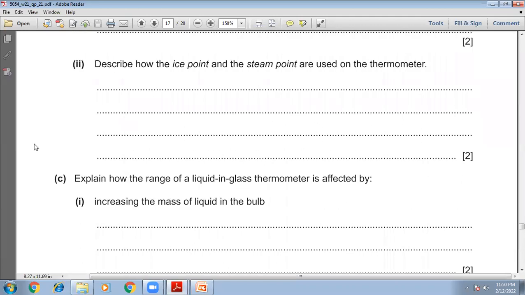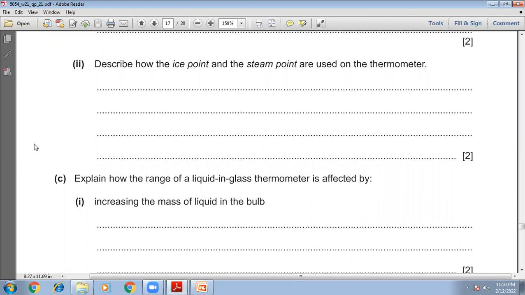Then he says, describe how the ice point and the steam point are used on the thermometer. You see, once you have marked the ice point and the steam point: ice point you get by putting the thermometer in the melting ice. Wherever the level of the mercury becomes steady, at that point you put a mark on the thermometer and you write there 0 degree centigrade. And steam point, you put the thermometer in the steam of the boiling water.